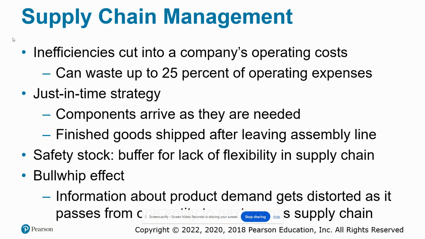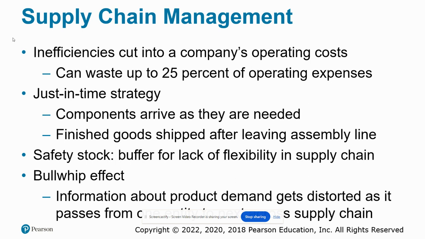These are caused by untimely information. Perfect information can result in a just-in-time strategy. Because of uncertainties, manufacturers keep a safety stock. Why is this an inefficient result?